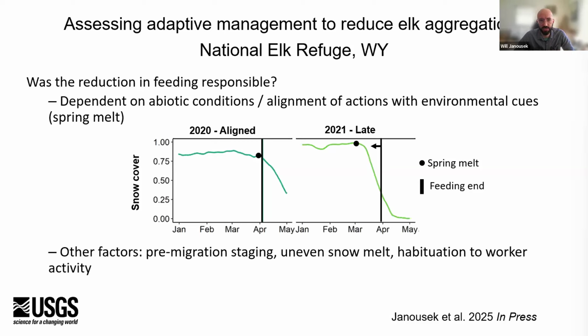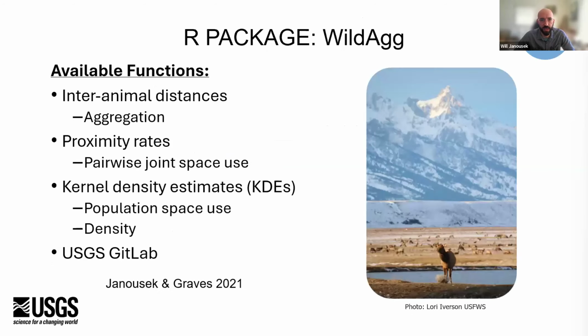And also habituation to worker activity: folks on the refuge have noted that elk cue in on the diesel machinery that they use to feed. So when they use diesel machinery after feeding, sometimes it can elicit a behavioral response in the elk, creating increased aggregations as well.